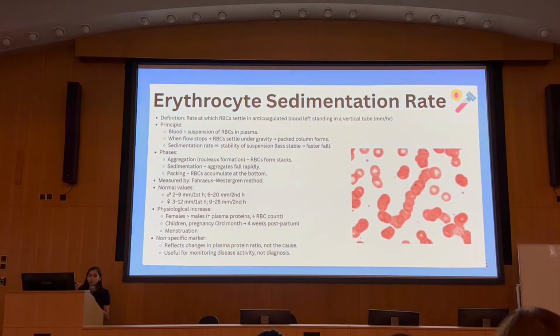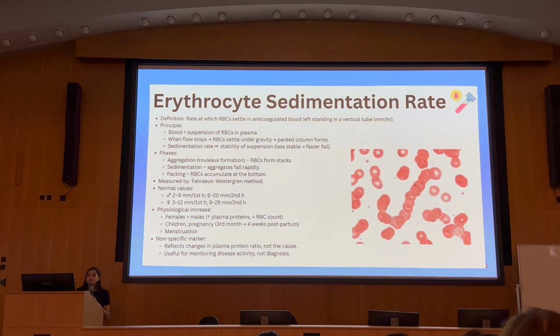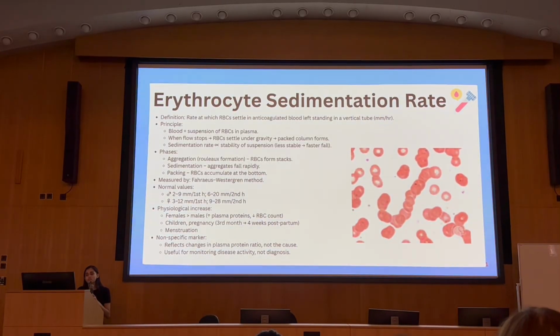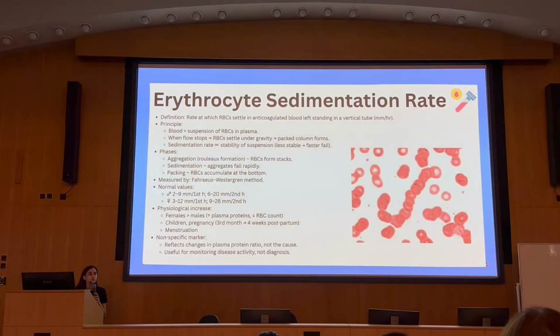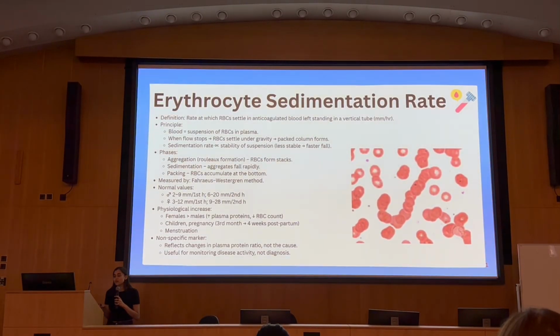Yeah, the normal values. If you see, men have a shorter erythrocyte sedimentation rate, and women have a higher erythrocyte sedimentation rate because women, firstly, have more plasma proteins and they have a lesser RBC count.